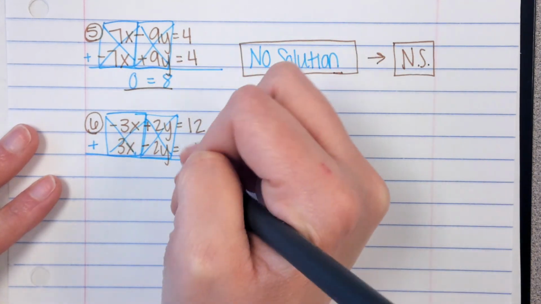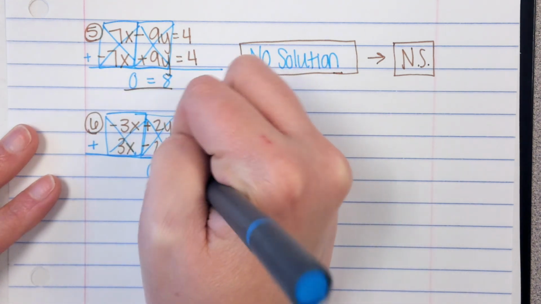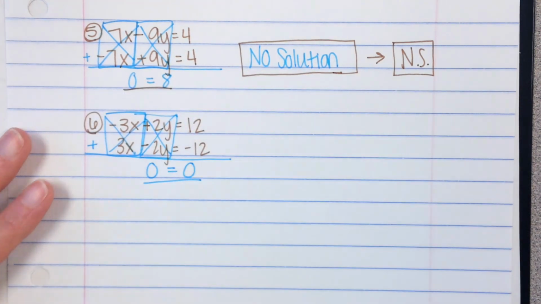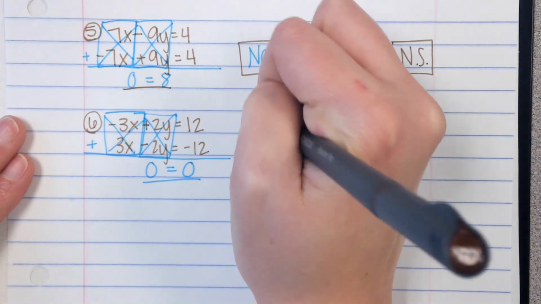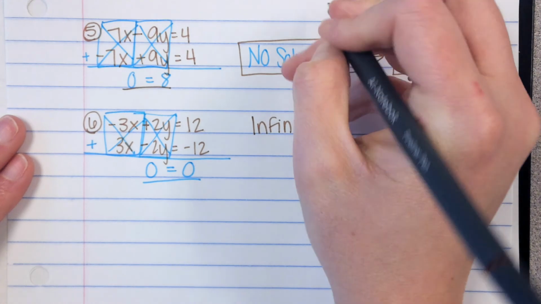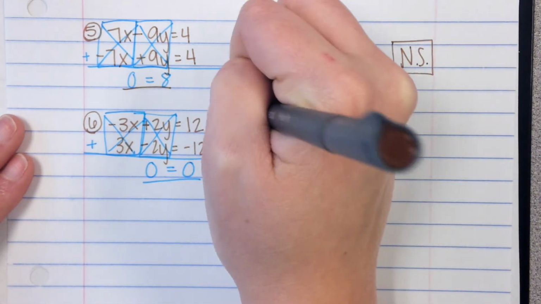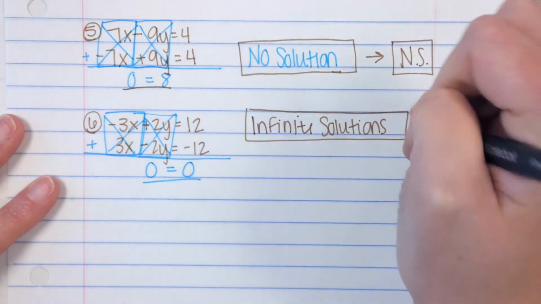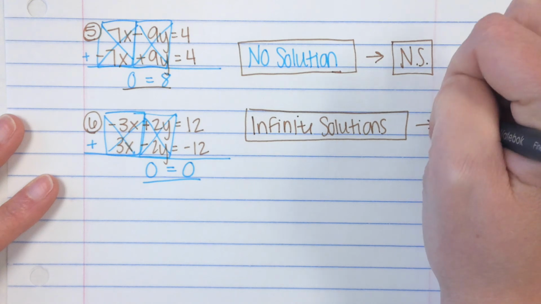What's left on that side? 0. What's 12 plus a negative 12? 0. So what kind of solution is 0 equals 0? It's infinite. So you can say infinite solutions, or you can abbreviate IS.